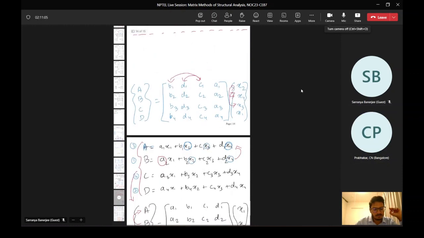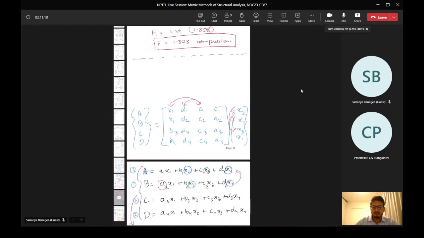That was what we had understood last time. If we interchange the displacement vector, we interchange the columns with the rows being intact. Do we remember that from last class?